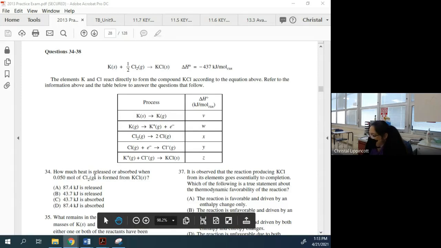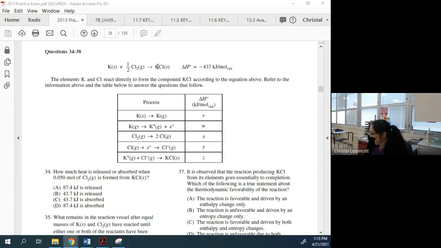How much heat is released or absorbed when 0.05 moles of Cl2 is formed? Okay? So Cl2 here is a reactant. If Cl2 is formed, it's not going to be a reactant anymore. It would be a product, and what would happen to this number?